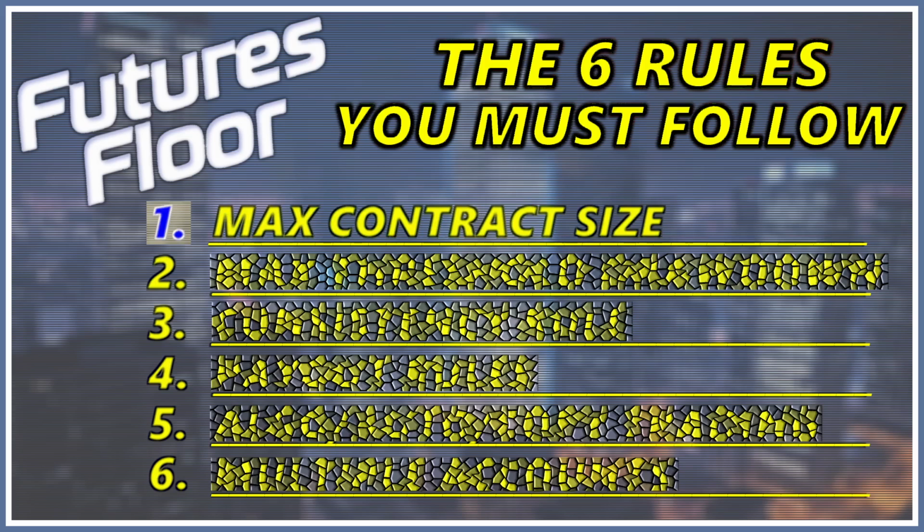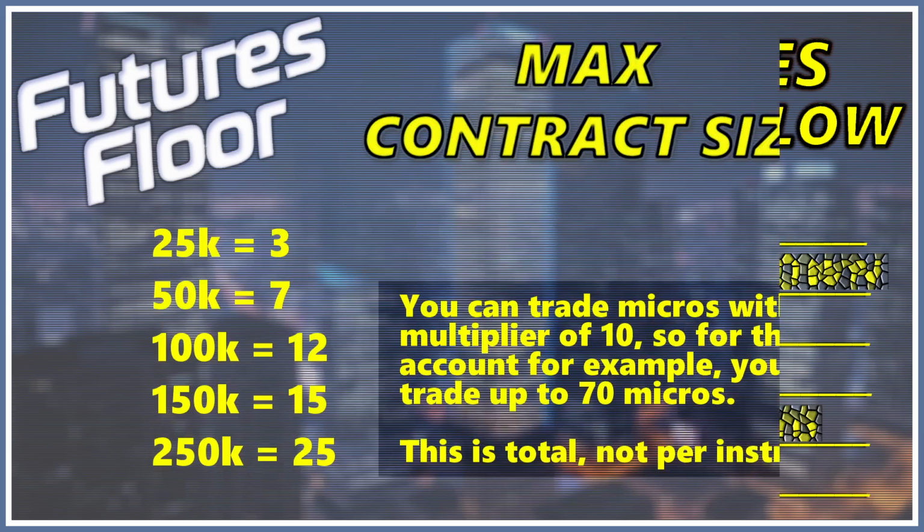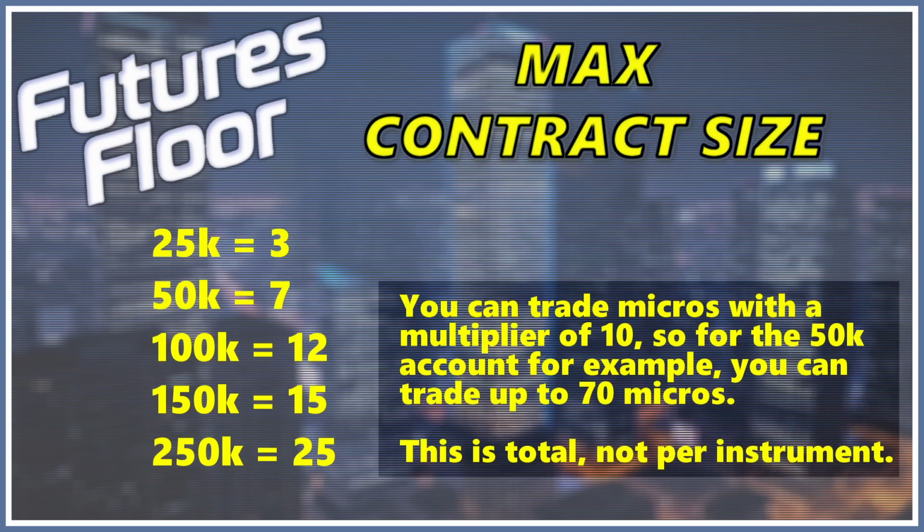Max contract size. The max contract size, well, pretty self-explanatory. It is the maximum number of contracts you can trade. The 25K account, it's 3 contracts. The 50K account is 7 contracts. 100K account is 12 contracts.